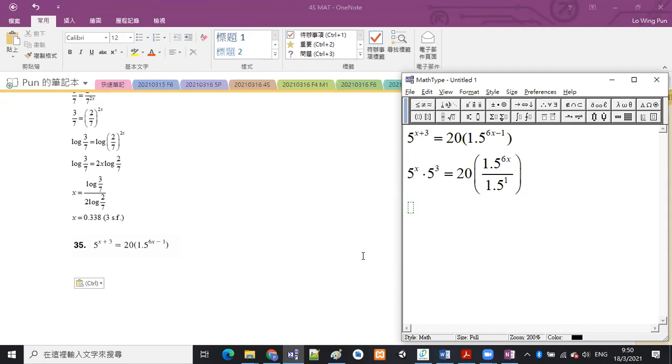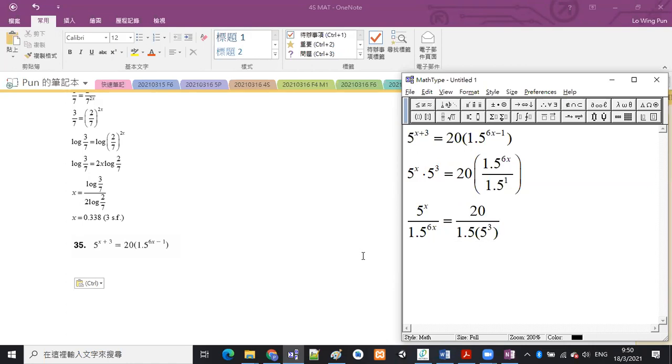And then keep the x terms to the left and the numbers to the right. So we have 5 to the power x divided by 1.5 to the power 6x is equal to 20 divided by 1.5 times 5 cube.